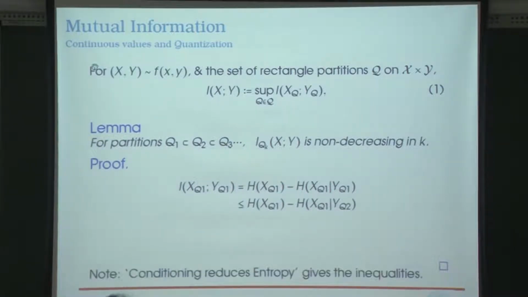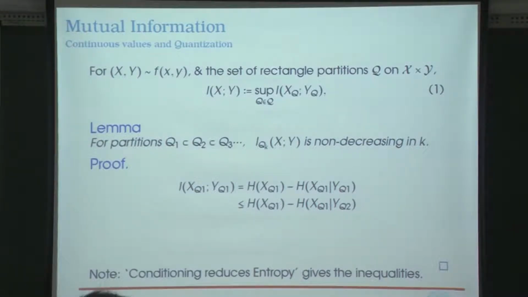So, what I do is I simply put q2 instead of q1, but q2 is a better partition. So, q2 contains everything about q1. So, I have conditioned more, conditioning reduces entropy, and so this number has come down, this number stayed the same. So, this number will be less than or equal to that. Is that clear? I have much less entropy when I give more information about this y on this party.